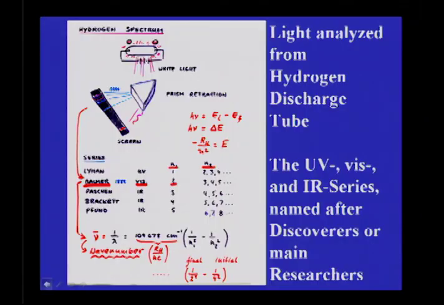The Paschen, Brackett, and Pfund series all have to do with infrared spectra. That means the electrons are going to energy levels that are beyond the second shell. So each shell that is the landing site in the final state has its own particular spectrum. When we go back to the third shell from higher shells, we call that the Paschen spectrum.